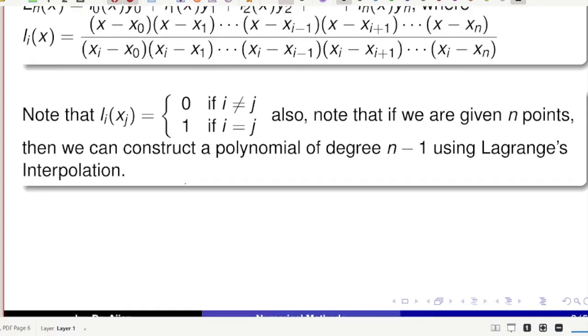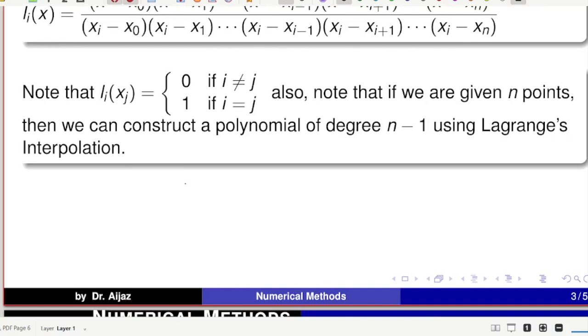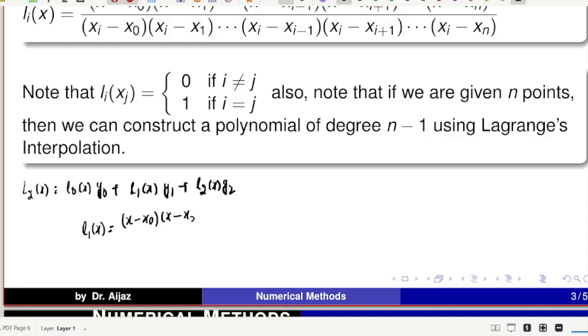Suppose we take an example of L2 of x. L2 of x, as we define it, is L0 of x y0 plus L1 of x y1 plus L2 of x y2. But how do we define this L1 of x? We will skip x minus x1 only, so we write x minus x0 into x minus x2.